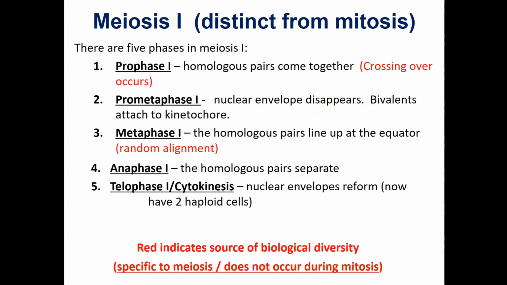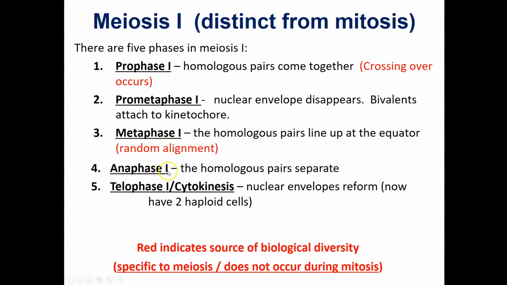The bivalents are going to attach to the kinetochore, and we're going to start to line up those chromosomes at the metaphase plate as they pull back and forth via those microtubules. The metaphase plate is going to be formed, and what we see here is that all the homologous pairs of chromosomes are lined up at that metaphase plate. And this is going to be very random. I'll explain what that means in a minute.